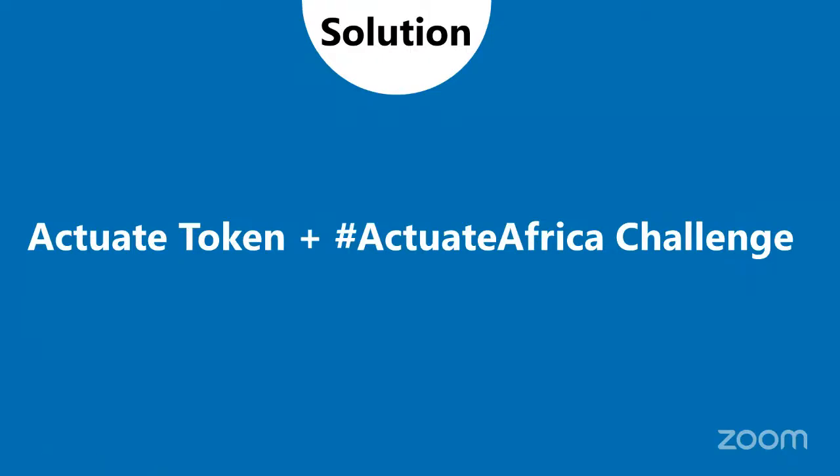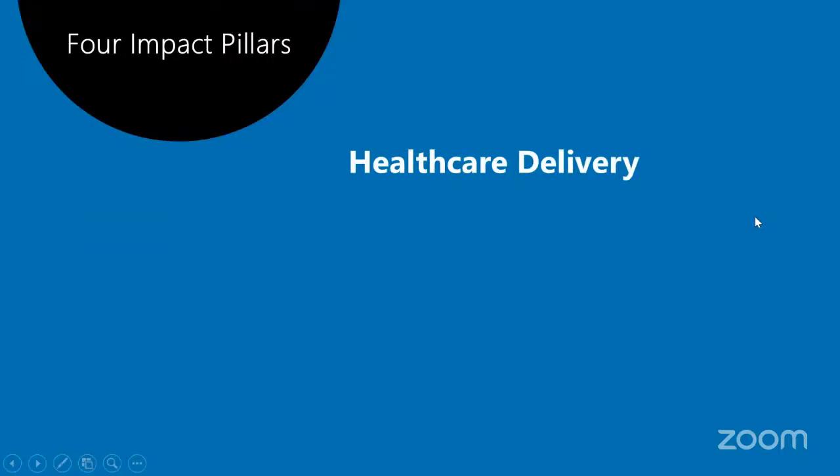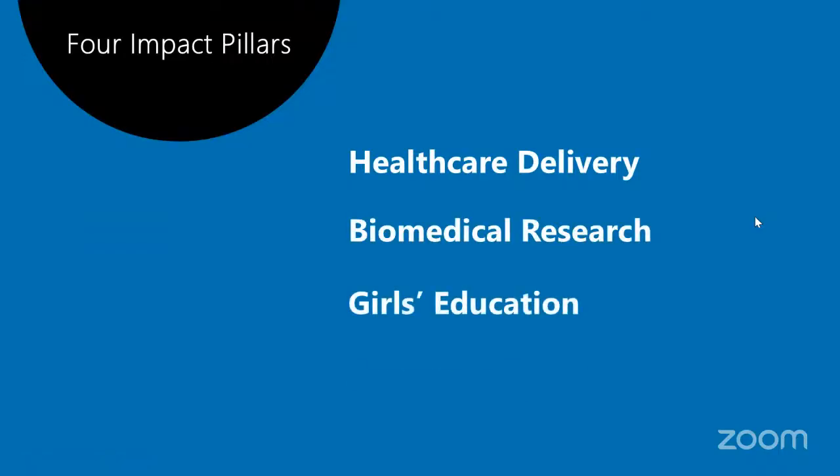So our solution is to use the Actuate token. And as Dr. Macharia had mentioned, the Actuate Africa Challenge, we're going to know more about that as we go along. We have 4 impact pillars, and the first one is healthcare delivery. We have biomedical research, girls' education, and lastly, economic uplift.